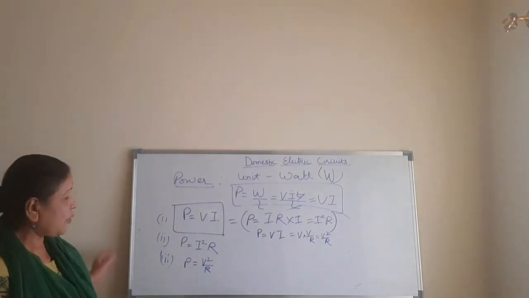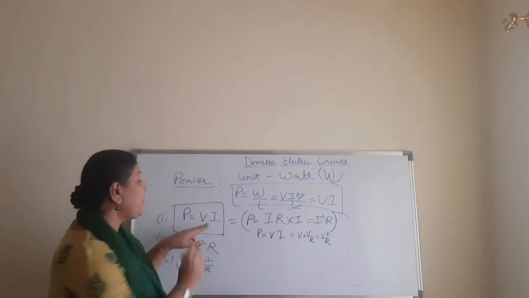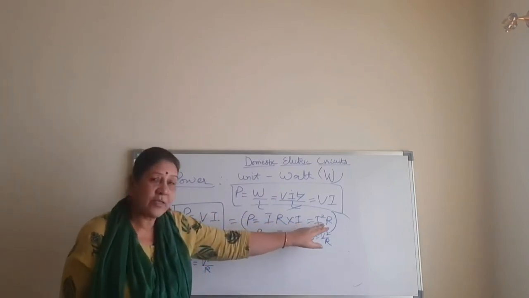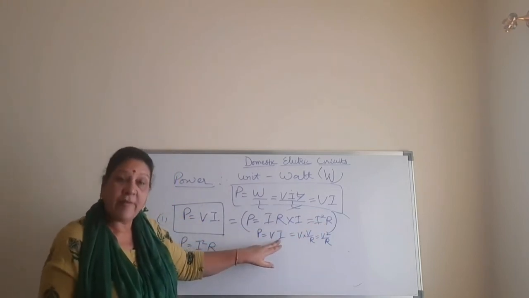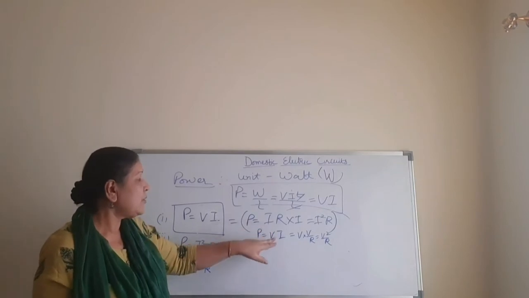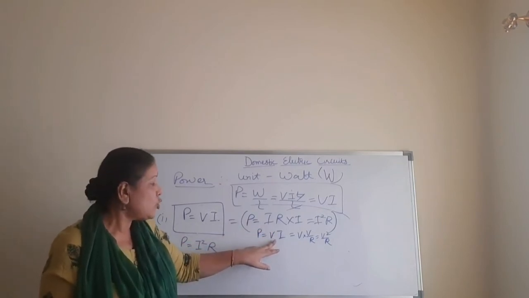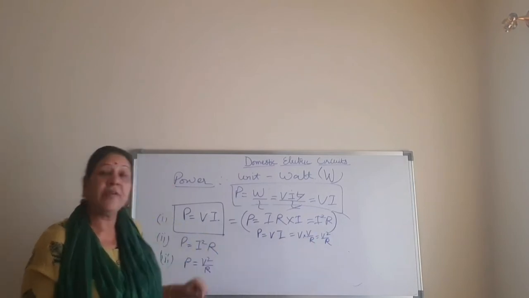So what did we do? P is equal to VI, the basic formula we have taken. Instead of V, we have written IR and the I, so it becomes I square R. Again, P is equal to VI, and because V is equal to IR, I is equal to V by R. So instead of I I have written V by R, so it becomes V square by R.